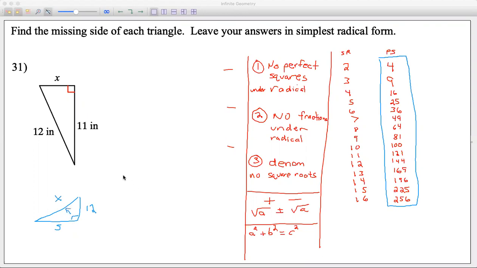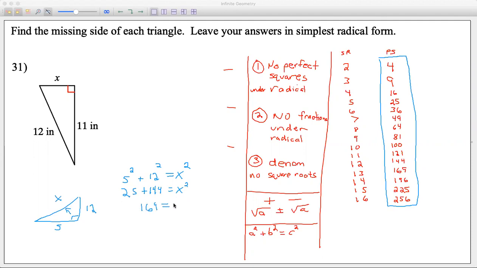All right, so let's see. So that would be 5 squared, that's a squared, plus b squared, that would be 12 squared. And that would be equal to c squared, which in this case was x squared. So that's 25 plus 144. I'm just showing you one where you have to solve for the hypotenuse. 25 and 144 is 169.